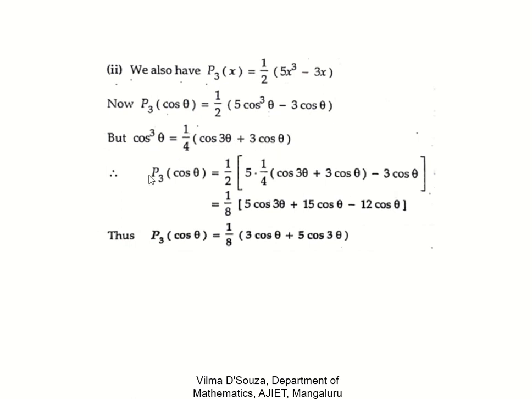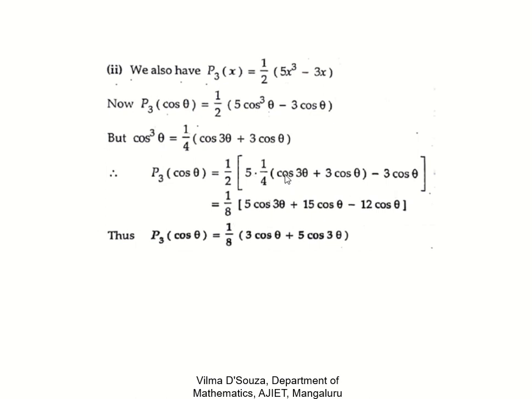Okay. Now p3 of cos theta, rewrite. p3 of cos theta is half into 5 into cos cube theta. What is cos cube theta? 1 by 4 into cos 3 theta plus 3 cos theta. Substitute for cos cube theta, 1 by 4 into cos 3 theta plus 3 cos theta, minus this term minus 3 cos theta. Okay. Now this 4 you can take throughout as common denominator and take it out. It becomes 1 by 8.